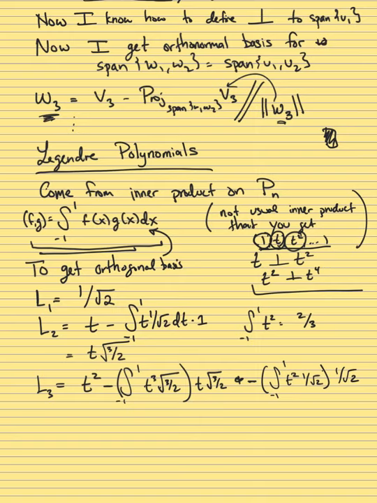Again, this looks nasty, but a lot of these are just 0 because you're integrating an odd function. Anyway, you'll end up with 3t squared minus 1 times the square root of 5/8, and the procedure just continues.